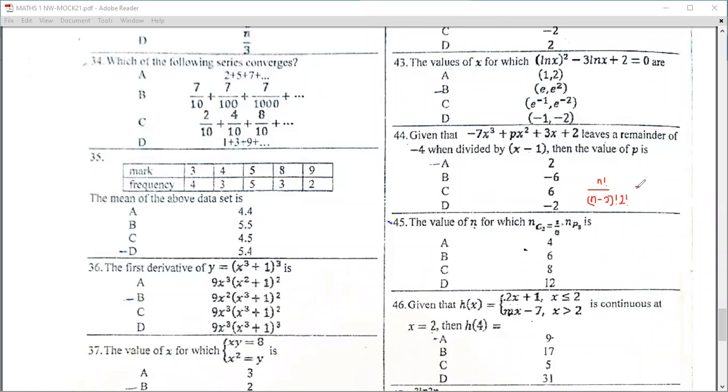This one should be equal to n over 8 into, now n permutation 3 is just equal to n factorial, all this over n minus 3 factorial.